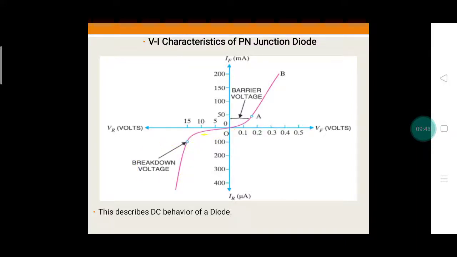Whenever the minority charge carriers start conduction, the current will rise slowly, but after some time the breakdown of voltage occurs, which puts the diode in the breakdown region. So this is the behavior of a diode: this is the forward bias characteristic, and this is the reverse bias characteristic. Hope you have understood this, and we will continue further.